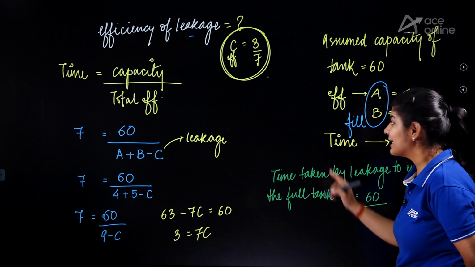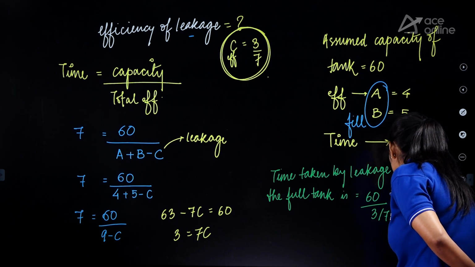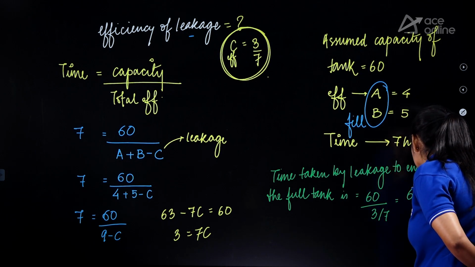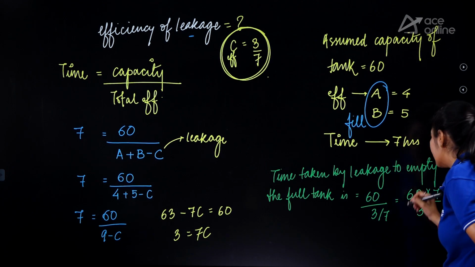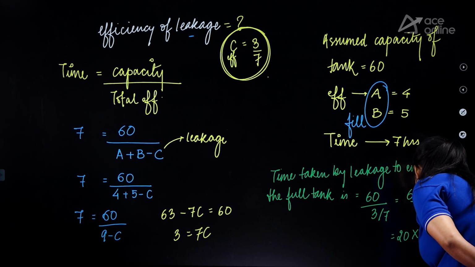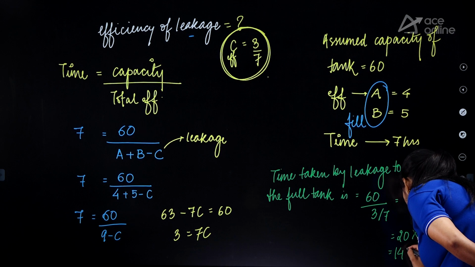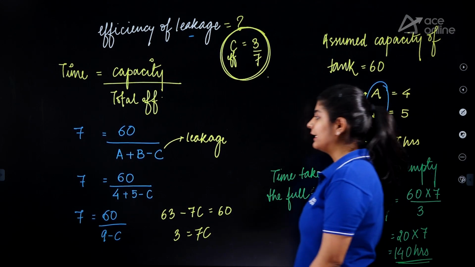The efficiency is 3 by 7. So we can just simply write it as 60 into 7 divided by 3. So here we are getting 20, and 20 into 7 is nothing but 140 hours. Hope all of you are getting the same answer as 140 hours.